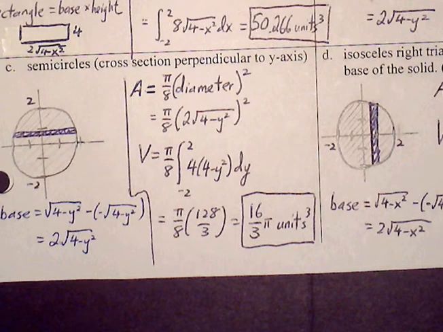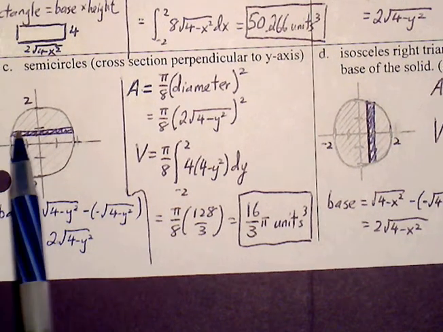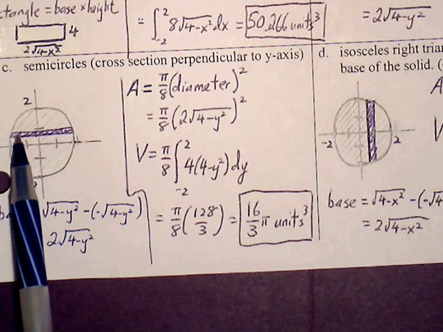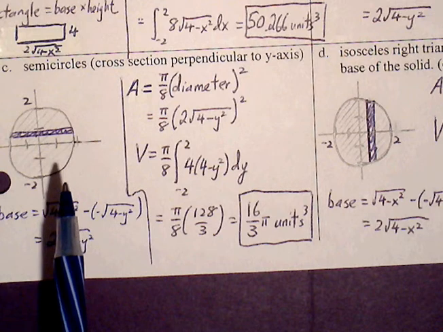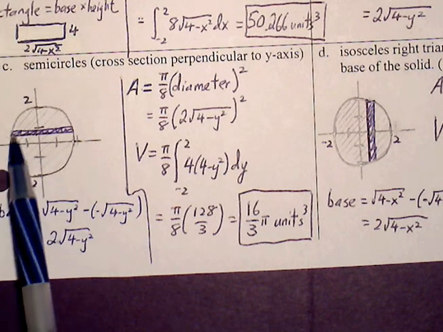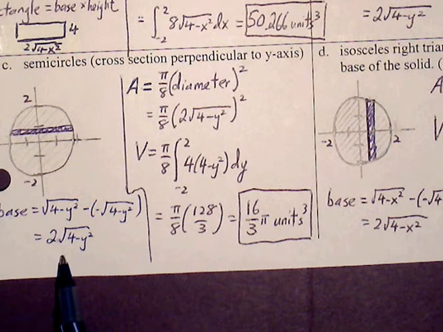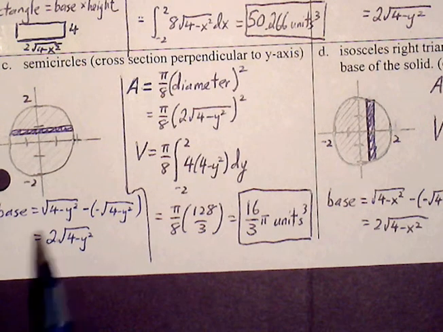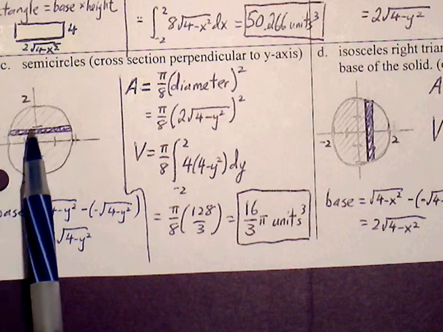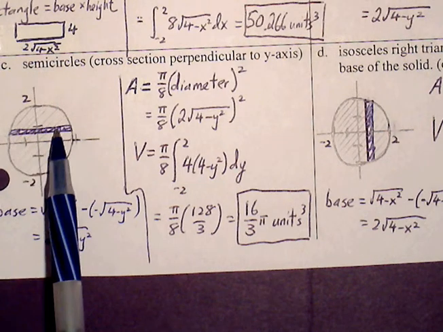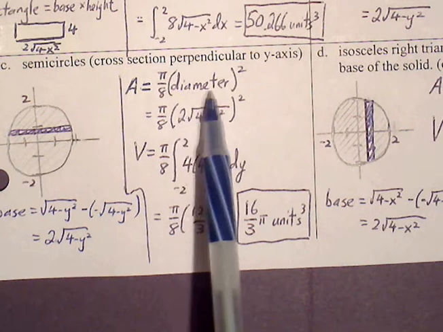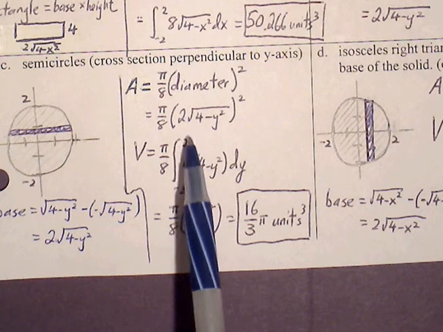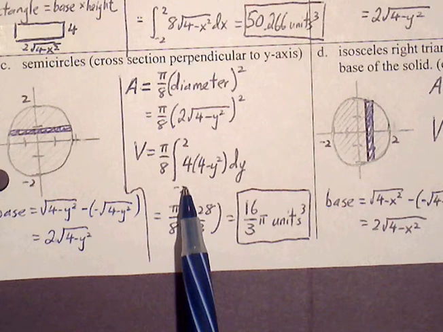So we have the base, and the base is going to be the exact same as part B, since we've already found the base, right minus left, root 4 minus y squared minus negative root 4 minus y squared, which is 2 root 4 minus y squared. But now this base will represent the diameter of our semicircle. So we just plug the base in for the diameter, and we can then plug it into our volume formula.